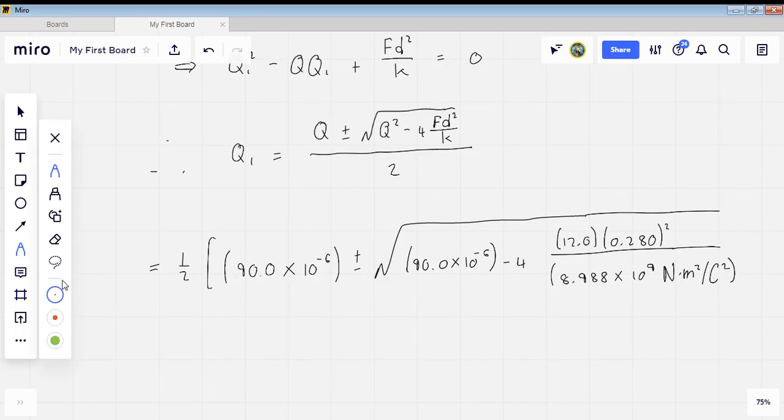So we will just suppress the units, since we have SI units for all our values.